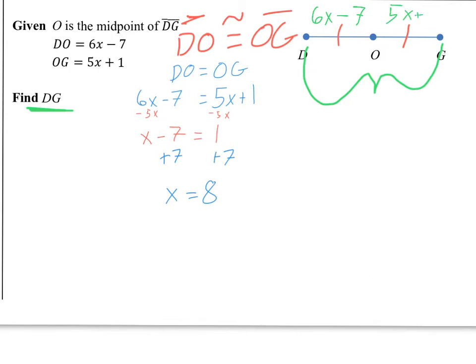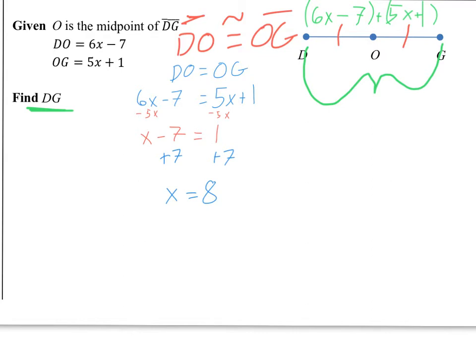Now, if we add these two pieces together, DO plus OG, then we get the entire length of DG. And now that we know what x is, we can just plug that number into our problem to figure out this solution.